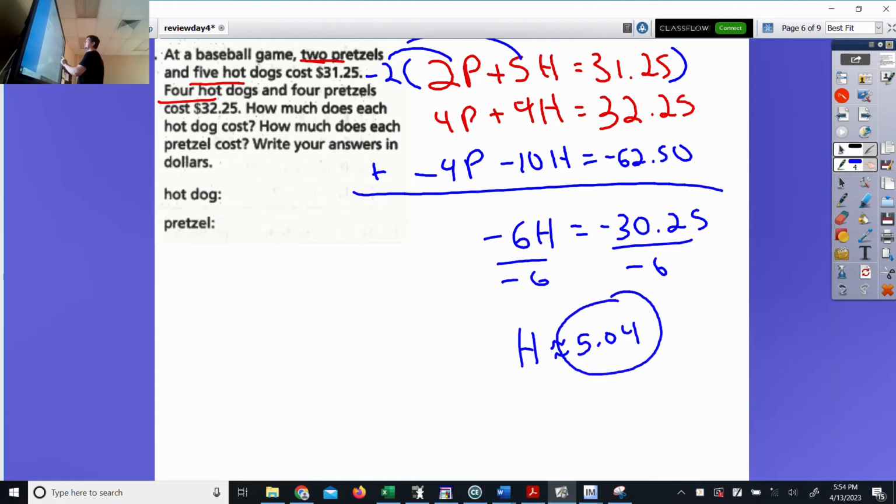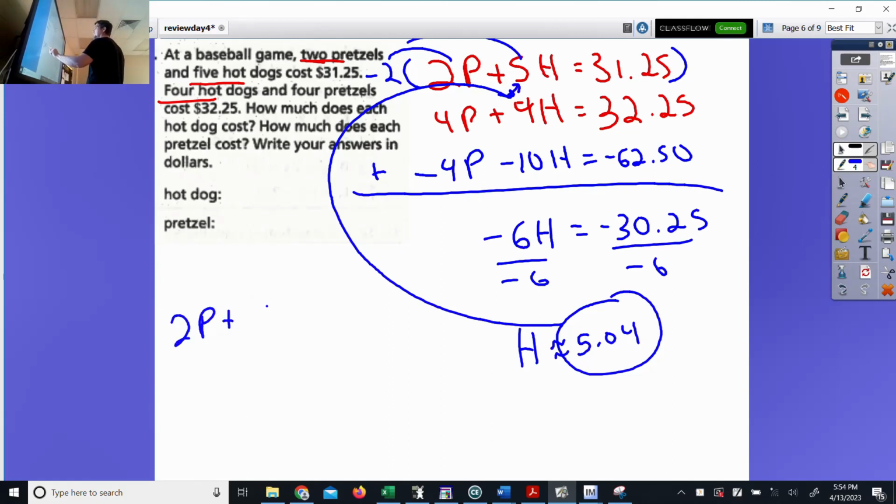Anyways, I'm going to take that and throw it into probably that one. I don't guess it really matters. Maybe we'll put it right here. 2 pretzels plus 5 times 5.04 is 31.25. Now 5 times 5.04 is 25.20.